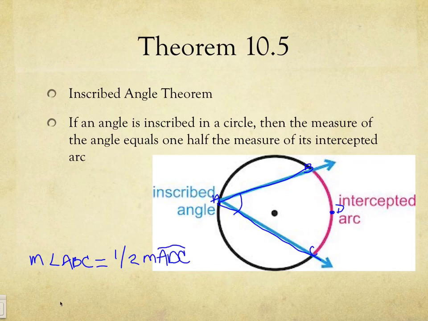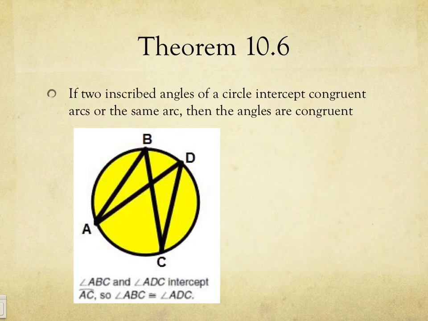And then the converse is also going to be true, so that we can say that 2 times the measure of angle ABC is going to be equal to the measure of our arc ADC.